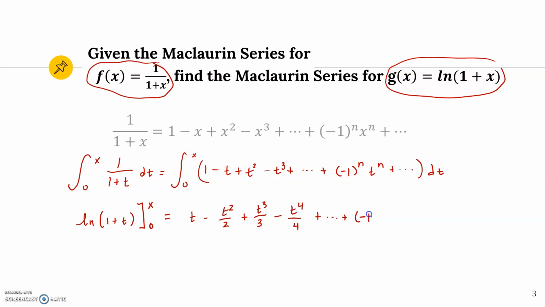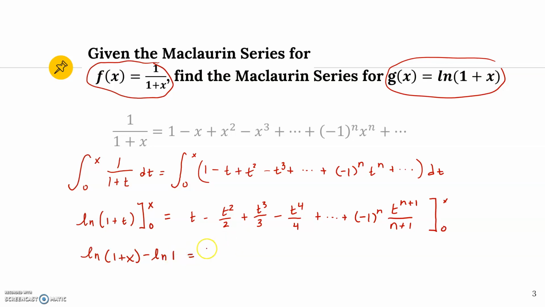And so the negative 1 to the n isn't going to change, but when I do an antiderivative of t to the n, it'd be t to the n plus 1 over n plus 1. And I'm going to evaluate that from 0 to x. So this side of the equation becomes natural log of 1 plus x minus natural log of 1.